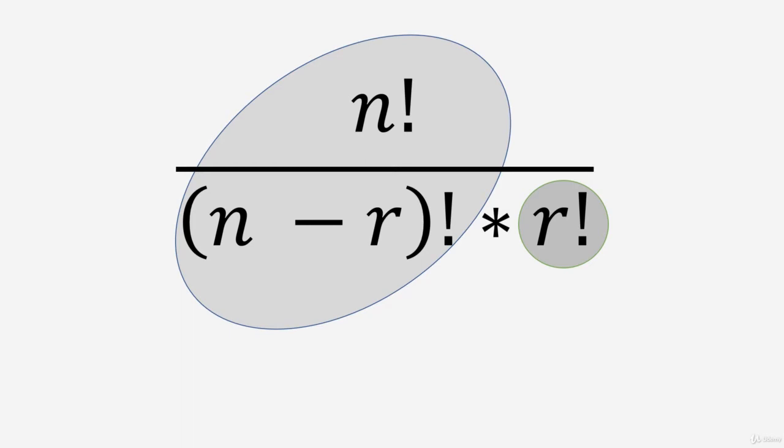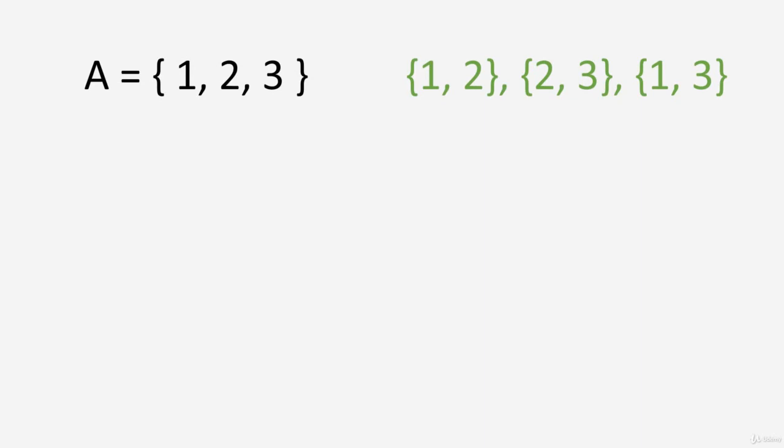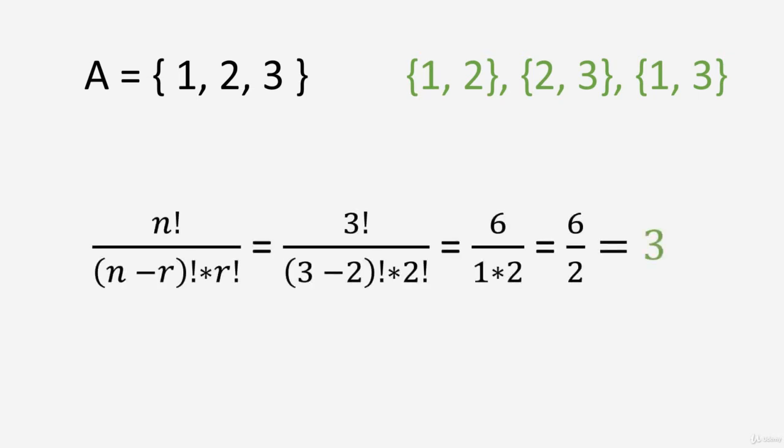And actually, let me show you that it works on this example. So, the number of all subsets that have 2 elements is 3, right? Let's see what this formula gives us. So, in our case, n is equal to 3 because we have 3 elements in set A, and r will be 2 because we are picking 2 numbers.